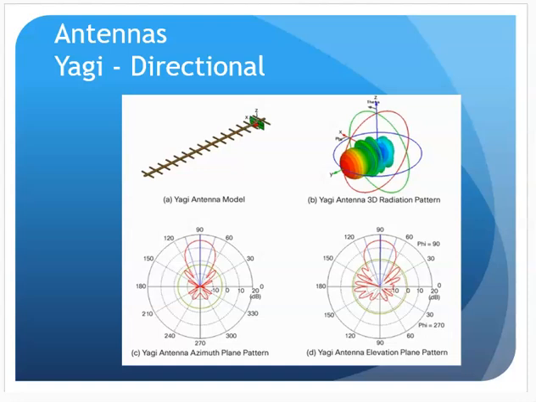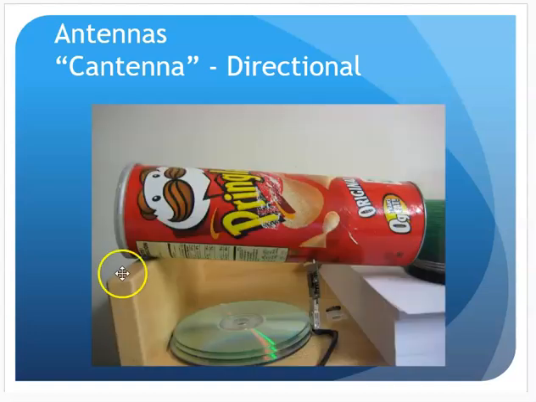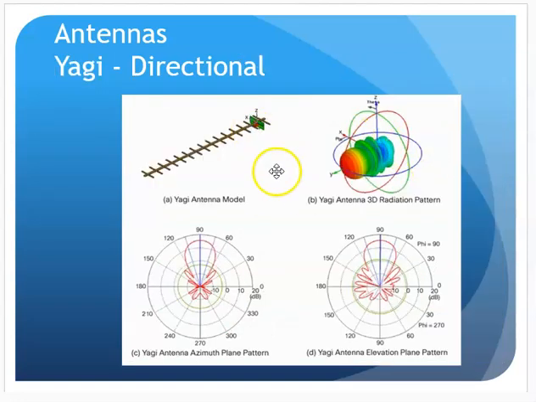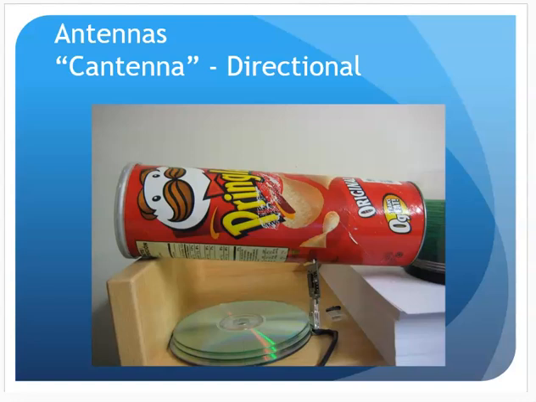Fun side note, there are all kinds of plans out there for people to take an ordinary wireless dipole antenna and convert it into a directional antenna using things like a soup can or a Pringles can, which takes that omnidirectional radiation pattern and tries to focus it into a directional pattern. Believe it or not, these things work, especially the Pringles can. You do need to do a little bit of math.